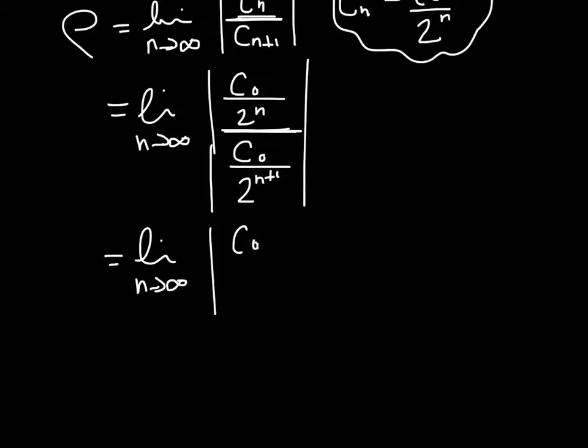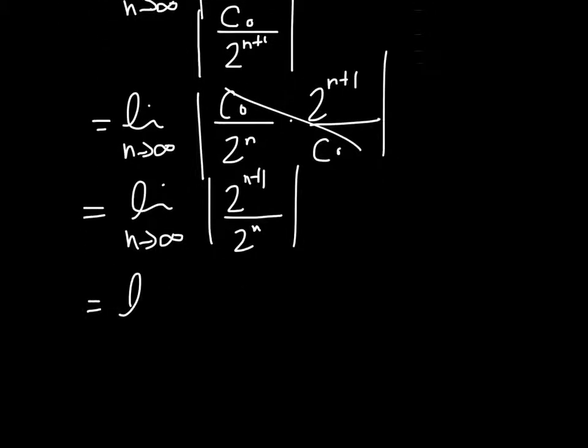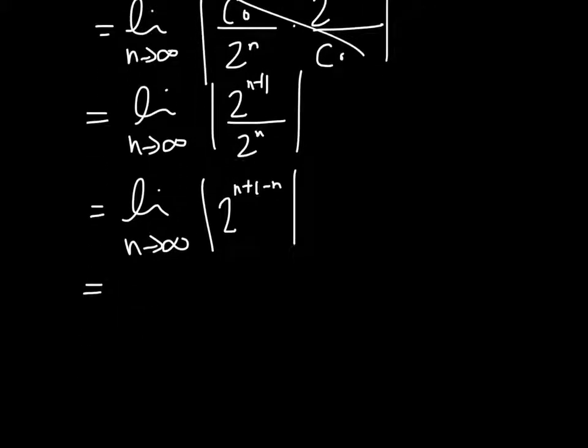I'm dividing fractions, so multiplying by the reciprocal, the c naught is gone. So the limit as n approaches infinity of 2 to the n plus 1 over 2 to the n. And this is just 2 to the n plus 1 minus n, using our fun law of exponents from algebra.